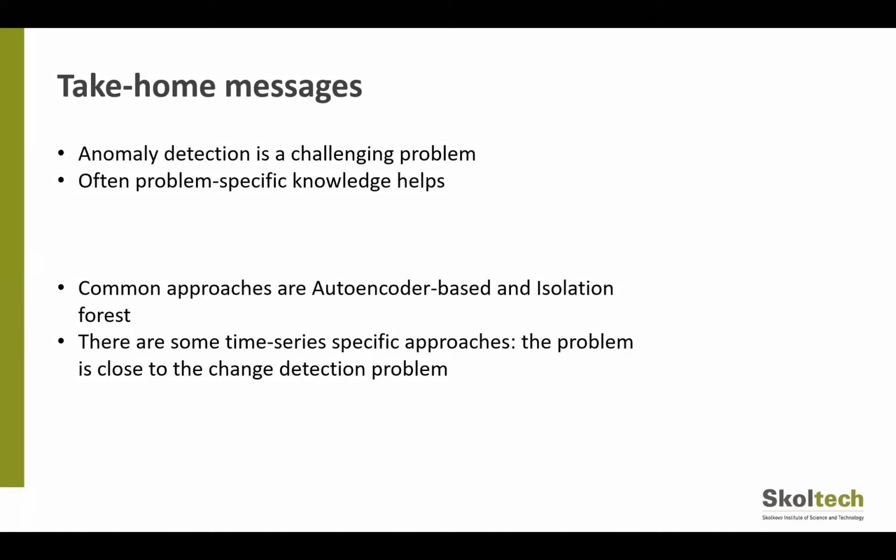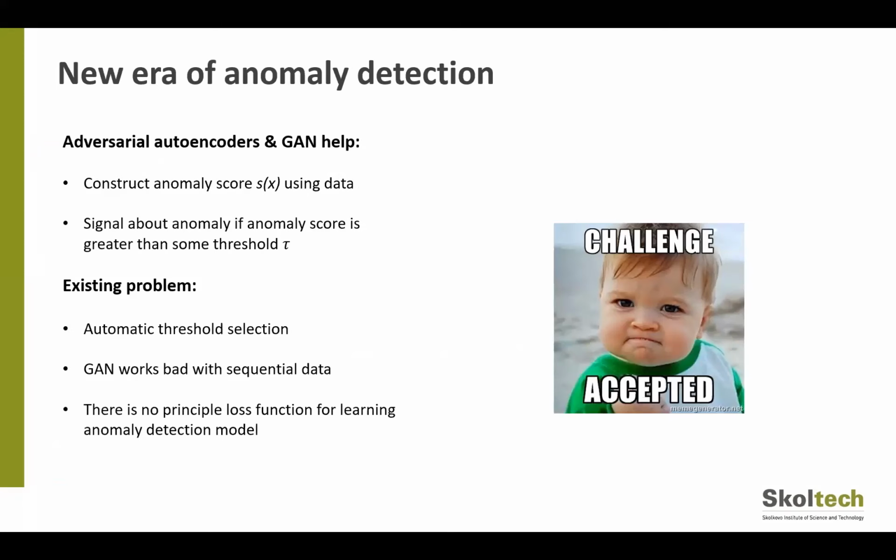In this case, we try to do representation learning, and mostly we use different options for autoencoders here. Okay, the state of the art right now, I suppose, is the adversarial autoencoder, and there are some specific approaches for time series data, but we don't mention them too much here.